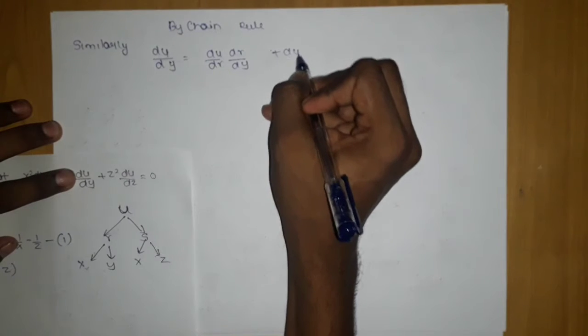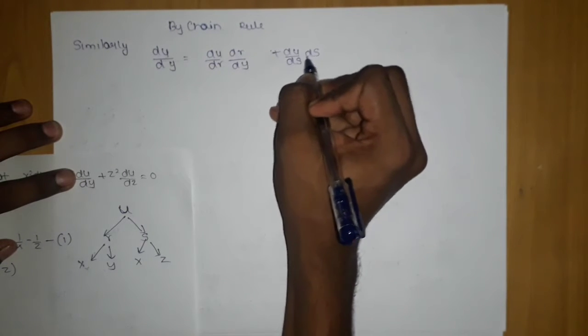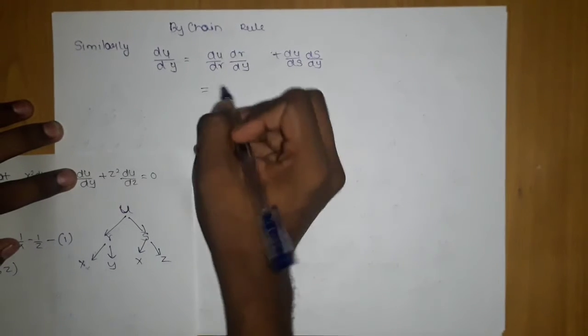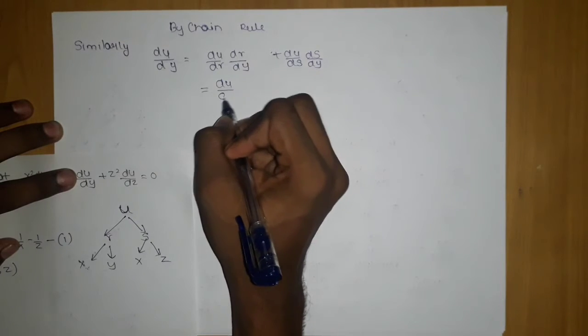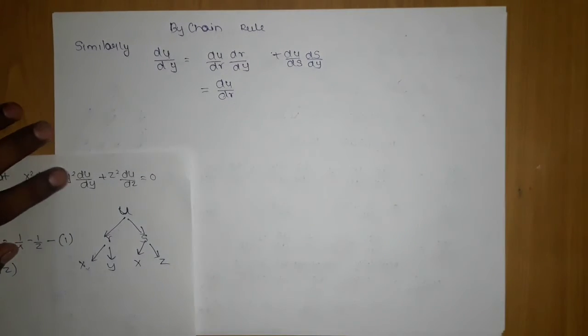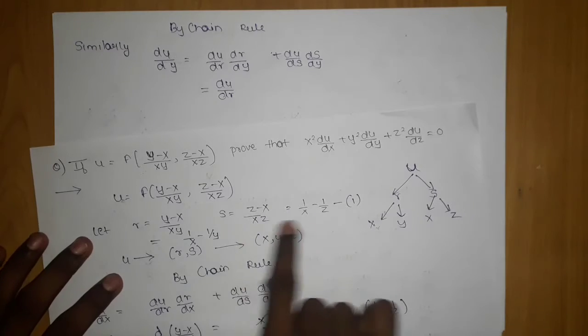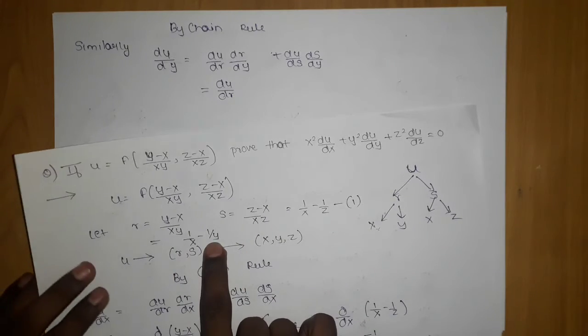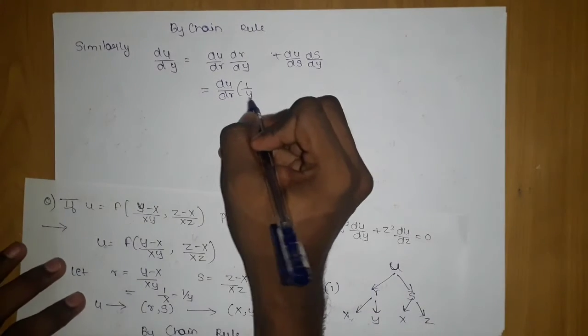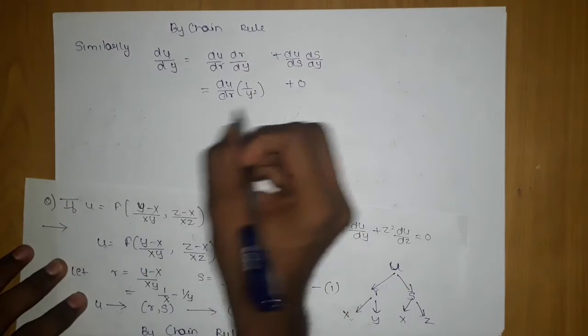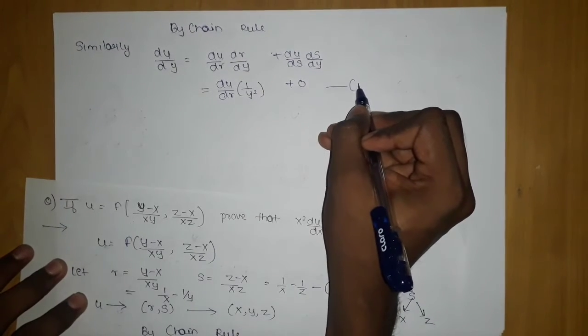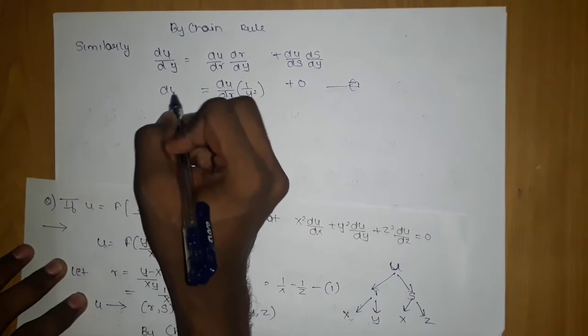Since there is no such term for s, I will still write it just to show the moderator that I understand what is going on. If I differentiate r with respect to y, I am going to get 1 by y square, and here I will just put 0. So this is my dou u by dou y.